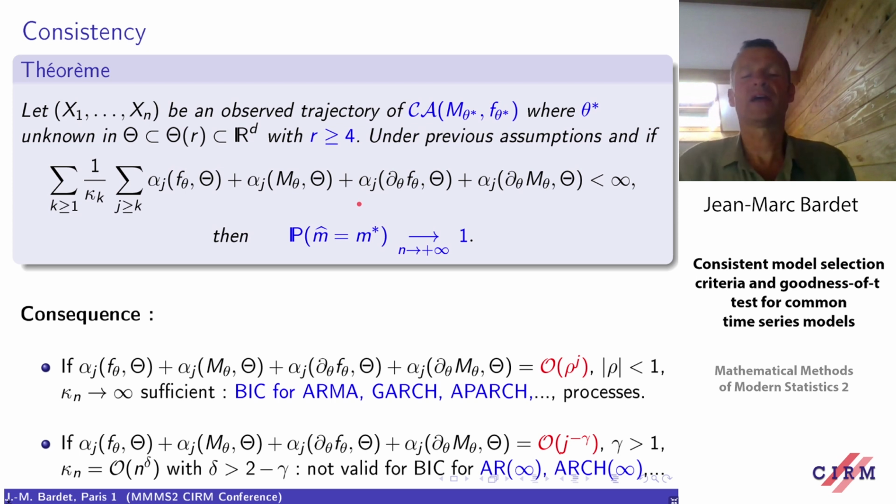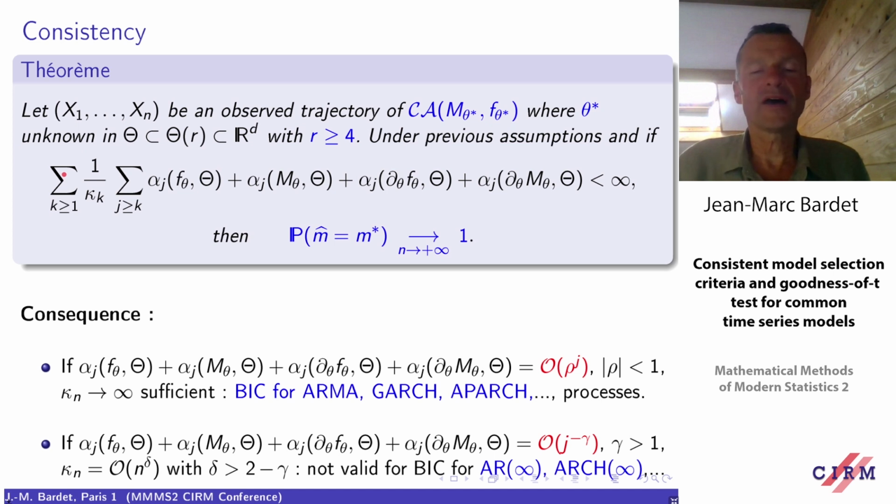So assume that you have an observed trajectory of M theta star and f theta star, and you assume that M theta star, f theta star is in the family of models. And assume that R is greater or equal to 4, and the previous assumptions on the asymptotic normality we have done before.